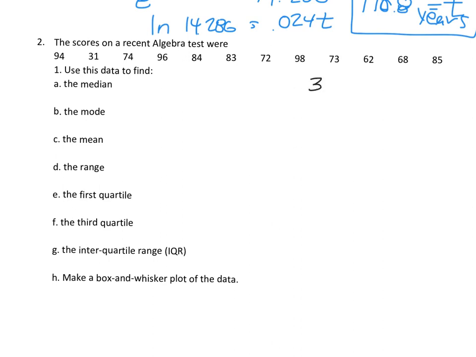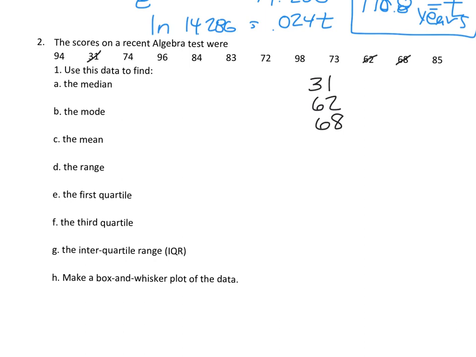Starting with 31. And then my next one would be, there's no 40s, there's no 50s, there's a 62, a 68. I'm going to cancel these out here just so I make sure I don't miss anything.